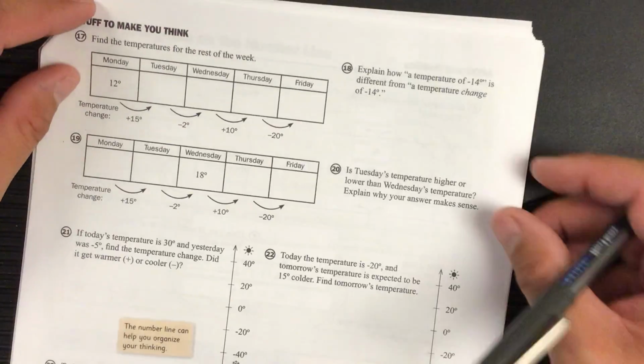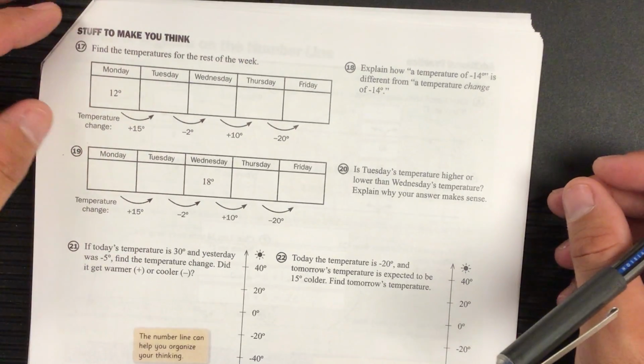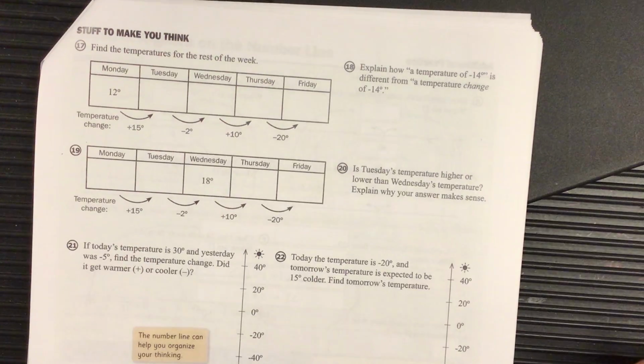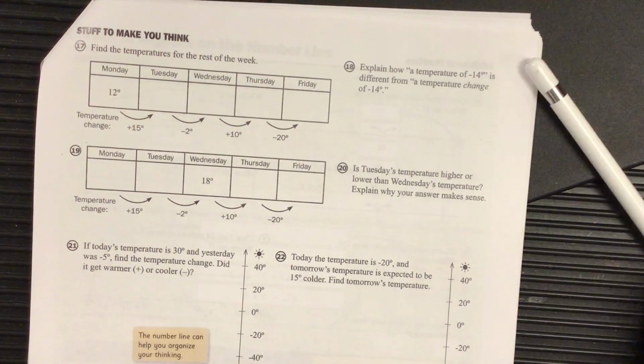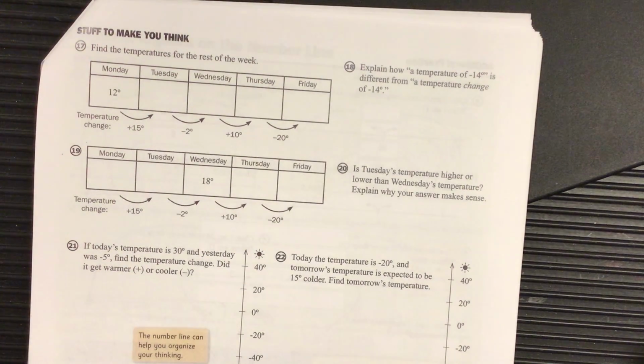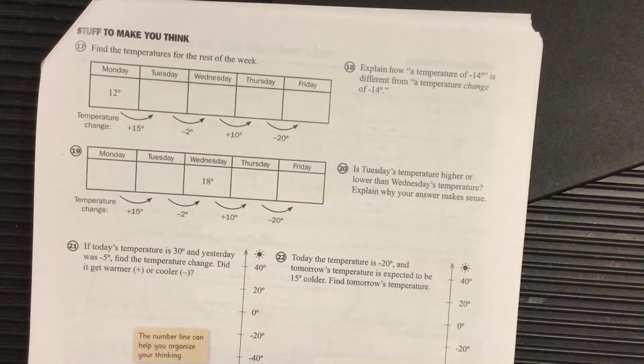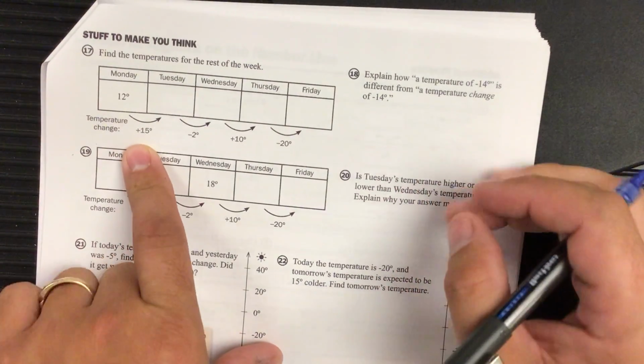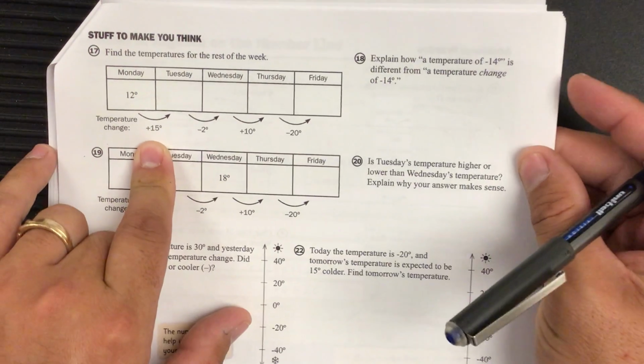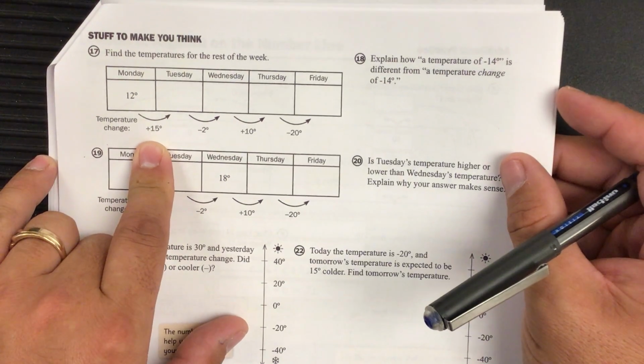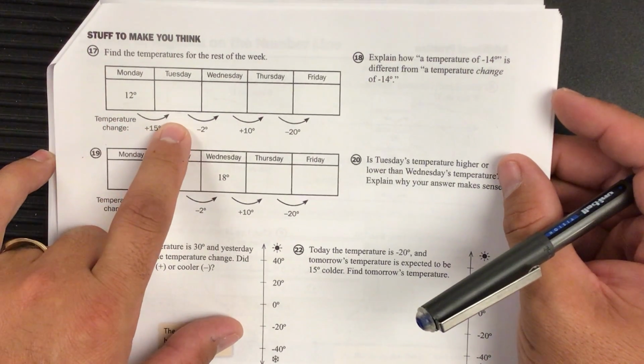All right, question 17, top of page 23. Finding the temperature. Temperature change is 15. Does that mean it is 15 degrees? No. It changed by 15. So what is 12 plus 15? 27.